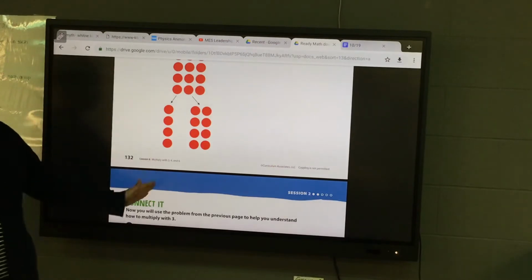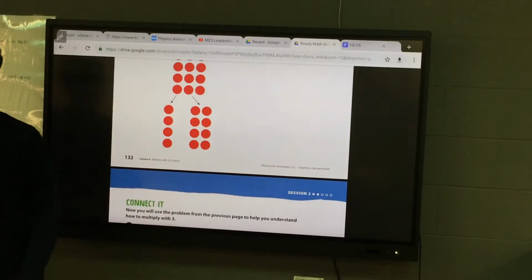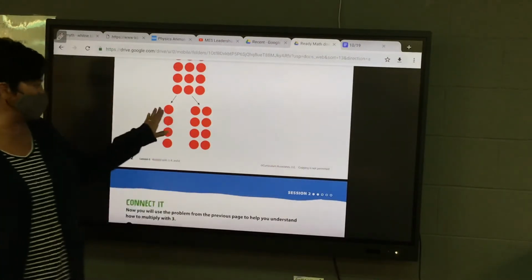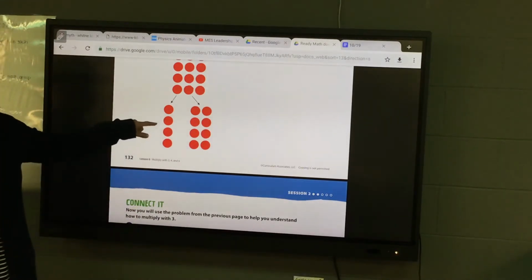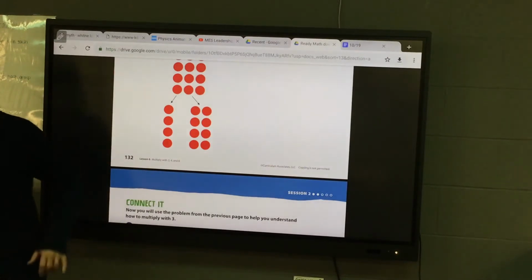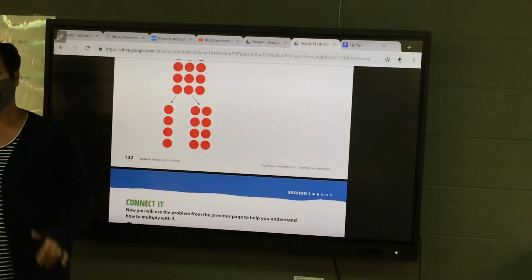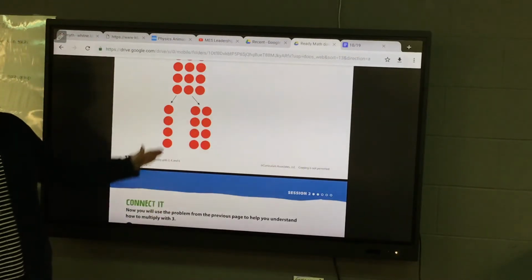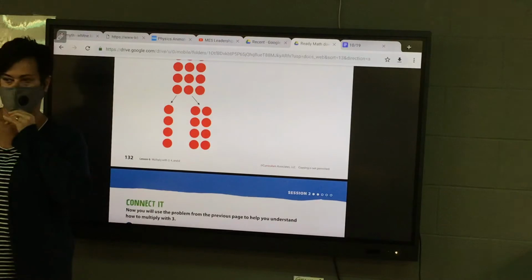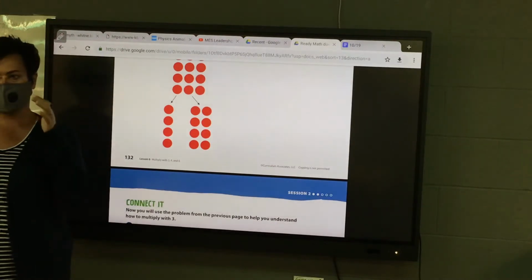How many are in the row? 1. There's only 1 here, right? So what would our multiplication equation be for this one? Don't say it out loud. Think about how many rows times how many you have in each one of those rows.